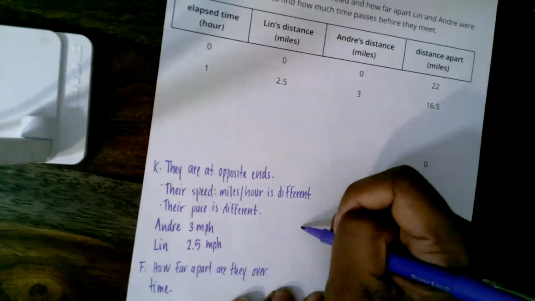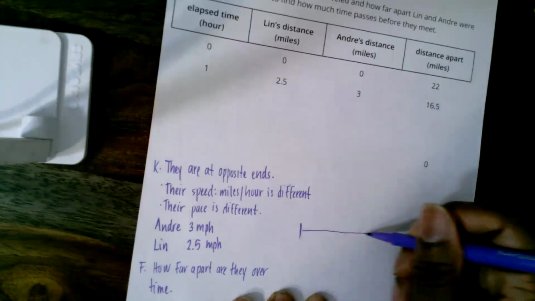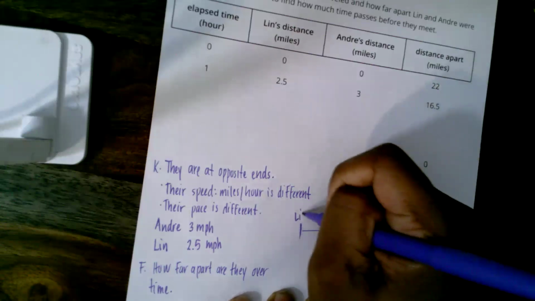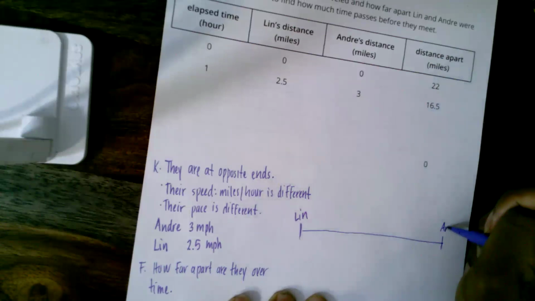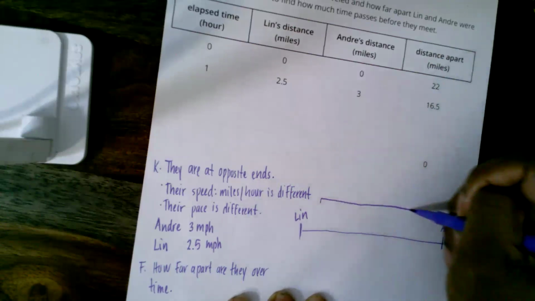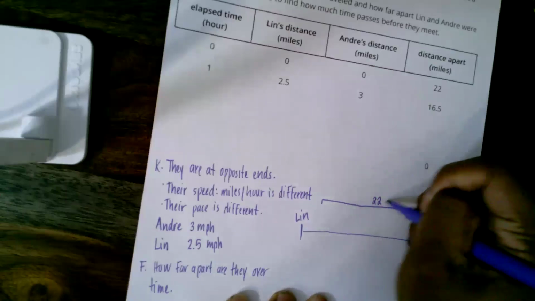So if we could just draw an understanding of what that means. Lynn is here, Andre is here. The total distance between the two is 22 miles.